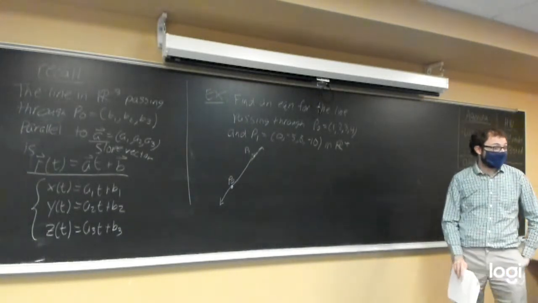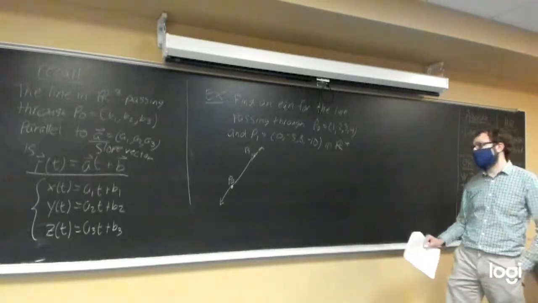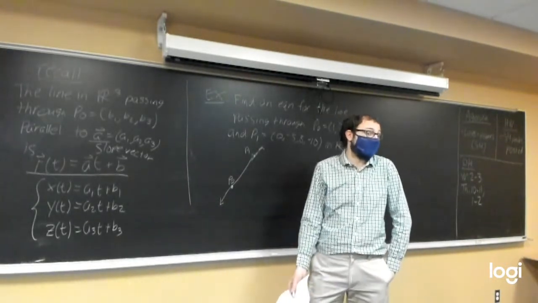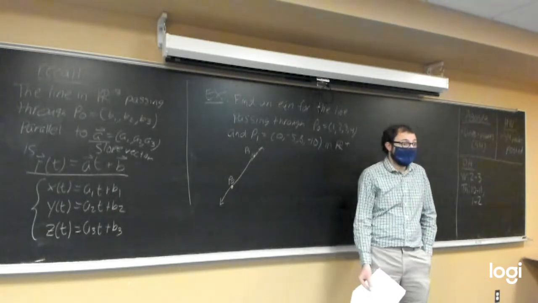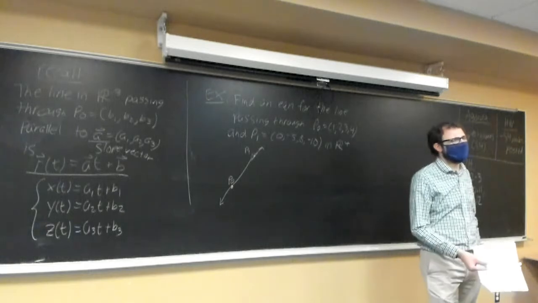Tyler? Maybe you could find the displacement vector and then use one of the points as the b vector. Okay, we could just use one of these 2 points as the b vector. Sure, that could be either point, just need any point on the line. And you said find displacement vector. Displacement from what to what?